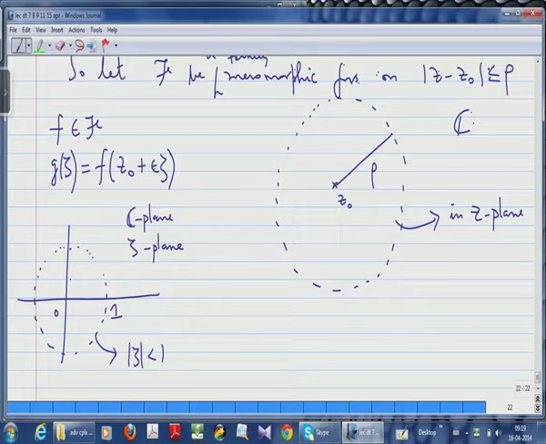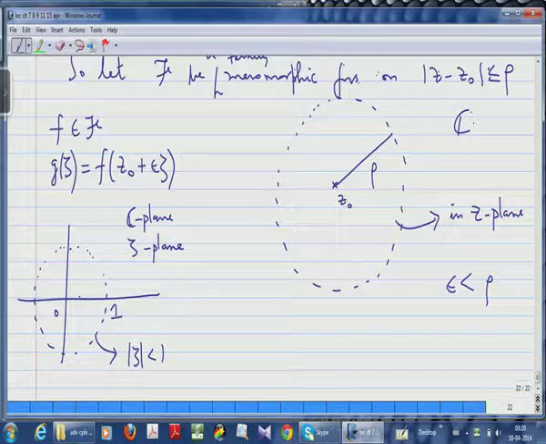Of course, I am assuming that epsilon is less than rho. If I take the disk of radius 1 centered at the origin with the variable zeta, then multiplying by epsilon gives a smaller disk of radius epsilon.